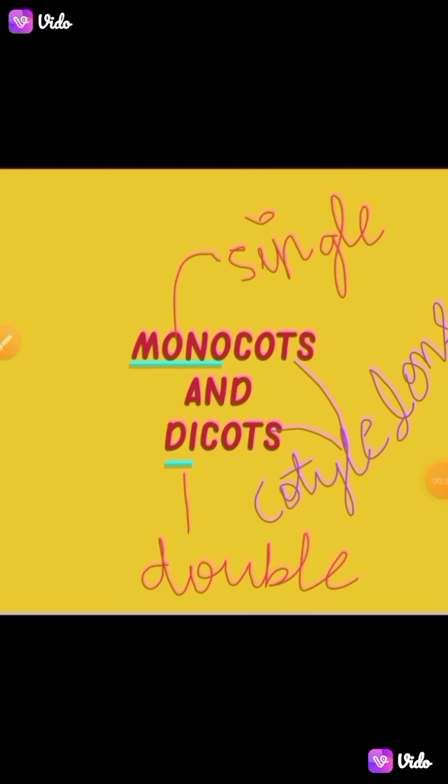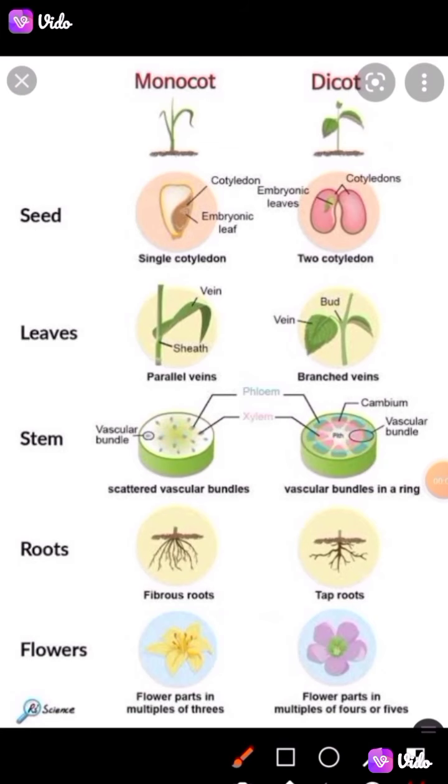Monocotyledon plants are known as monocots, whereas dicotyledon plants are known as dicots. They are called monocots because they have a single cotyledon, and they are called dicots because they have double cotyledons. Plants with seeds having one cotyledon are known as monocots, whereas plants with two cotyledons are known as dicots.